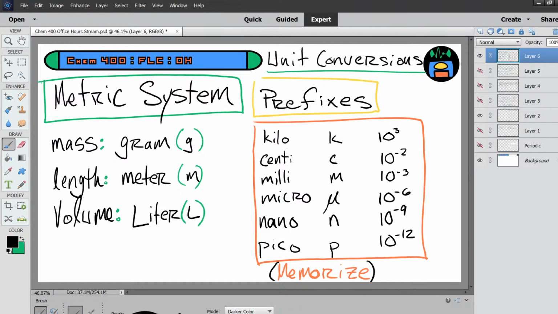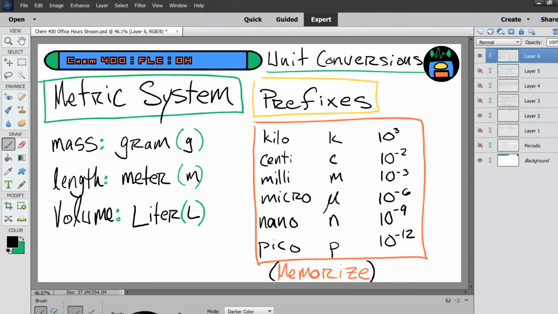However, I would recommend committing these to memory because in a testing situation, if you are having to stop and look up what these are, if you don't just know them off the top of your head, you're going to lose valuable time. And we use these 6 so frequently that they're really worth your time to just know. So I would commit these 6 to memory.